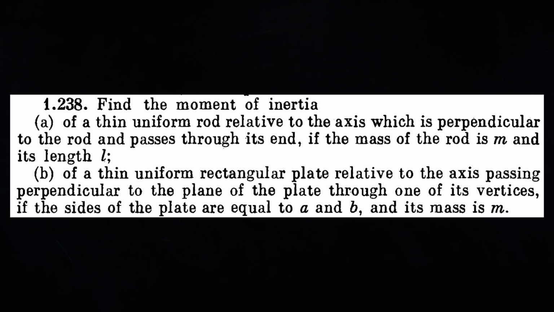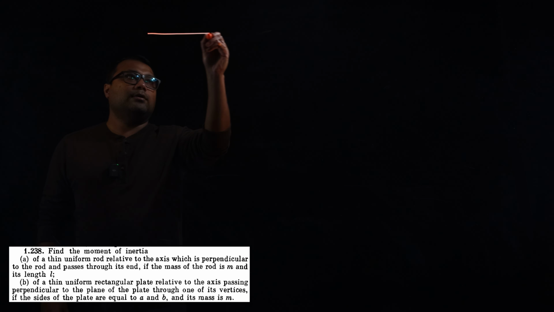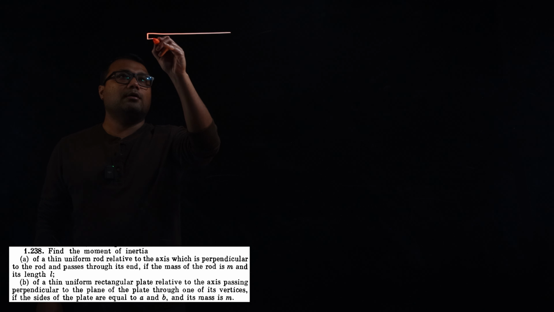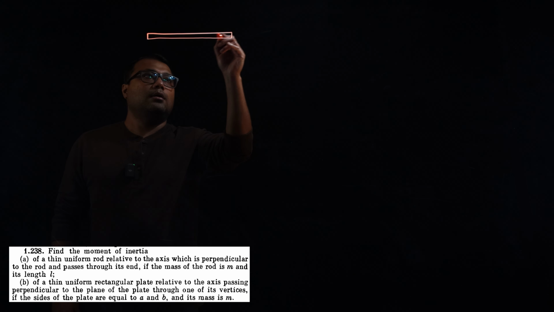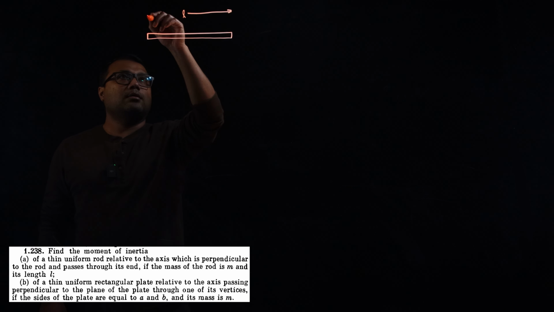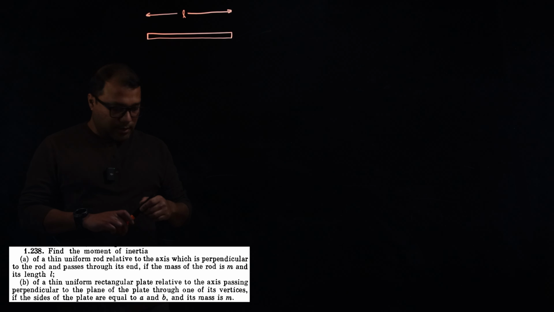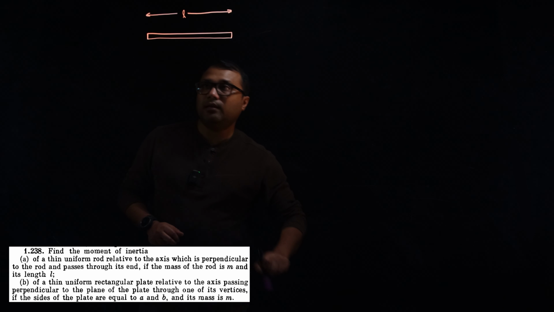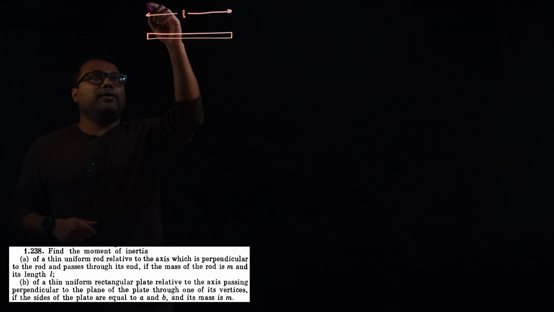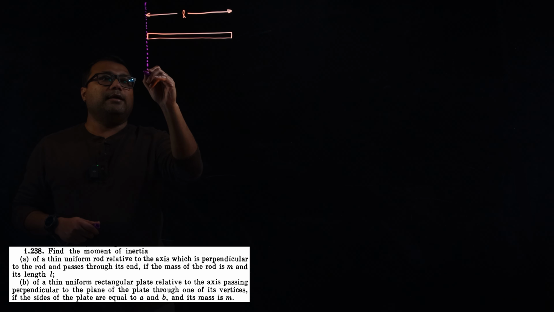So for part A, we have a thin rod of length L and mass is given as small m, and we have to find the moment of inertia about this axis which passes through one of its ends.